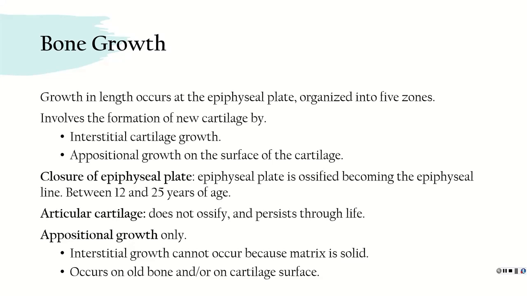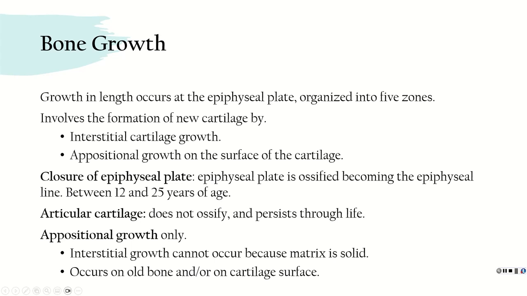So when we talk about bone growth, we were talking about bone development. There's things that occur here that combine both cartilage tissue and bone tissue. And all of this is occurring at the epiphyseal plate, which then becomes a line there, but it has 5 distinct zones.